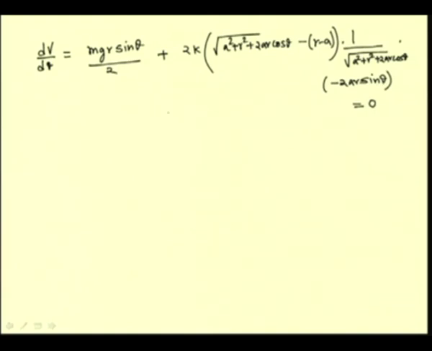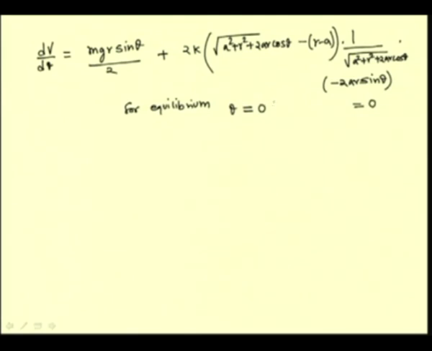So, we clearly see that for equilibrium the condition is theta has to be 0. So, theta equal to 0 is nothing but the closed position of the door, and this is clearly an equilibrium position.